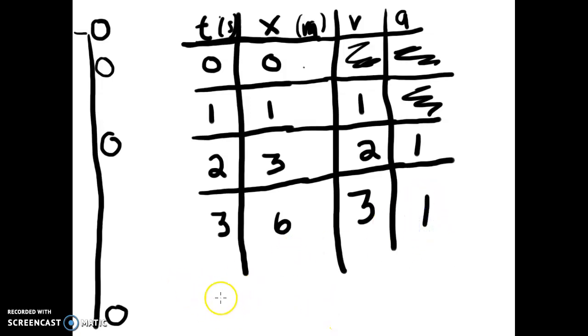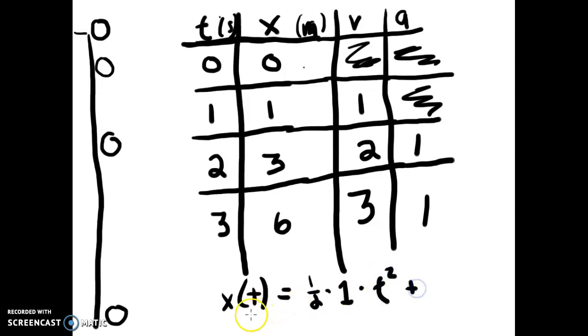And finally, let's do our position in time, in other words, our x of t. Well, we'll recall that our x of t is 1/2 times a. Well, a was just 1, times t squared. t gets to stay there. Remember, t is the only thing that gets to stay there. Plus v naught.